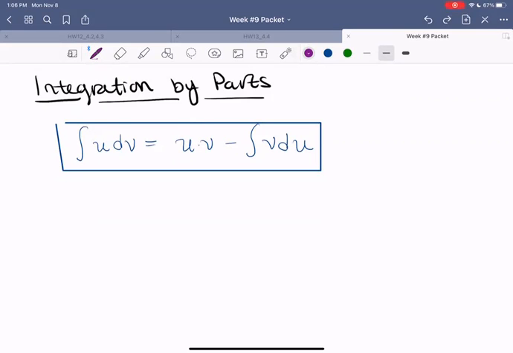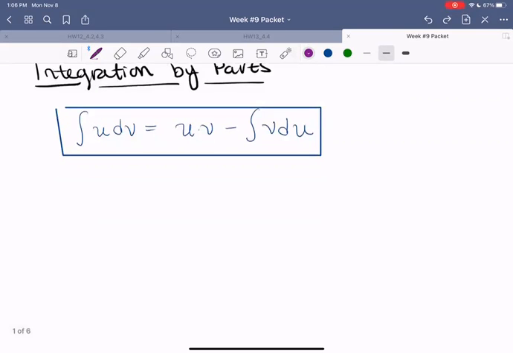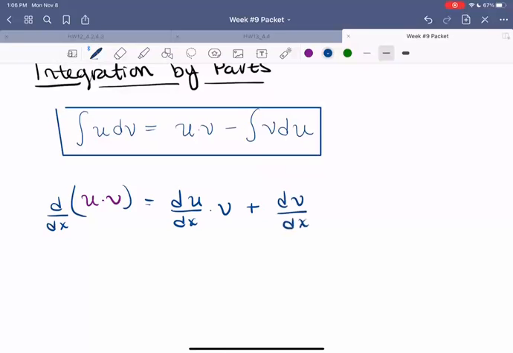So if we had two functions that we were multiplying together, let's call them u of x and v of x, and we wanted to take the derivative with respect to x of u times v, well, then we'd use the product rule. So we'd have du dx times v plus dv dx times u.